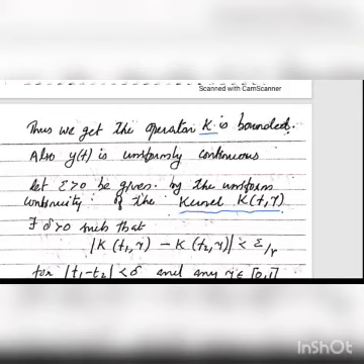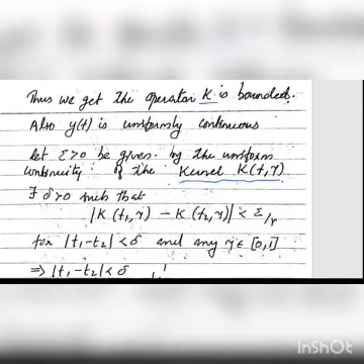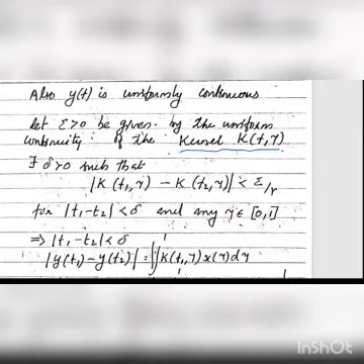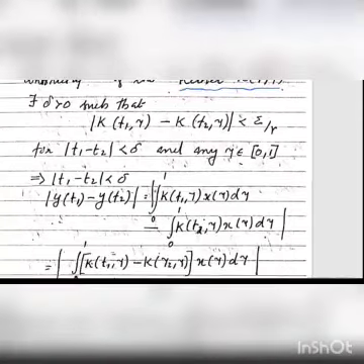So modulus of k(t1, τ) minus k(t2, τ) is less than epsilon by r, for modulus of t1 minus t2 less than delta, and any τ belonging to the closed interval 0 1. Therefore, take the modulus of y(t1) minus y(t2).